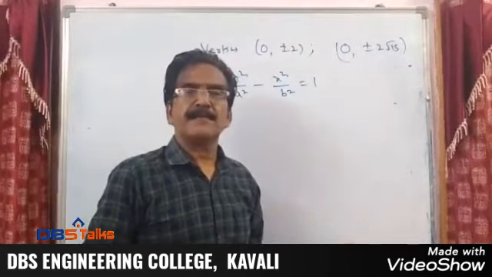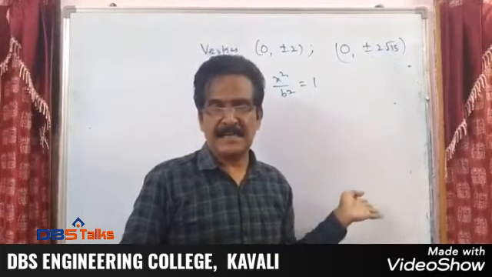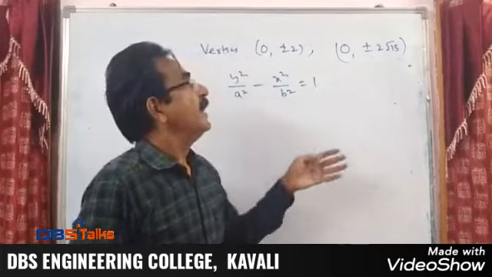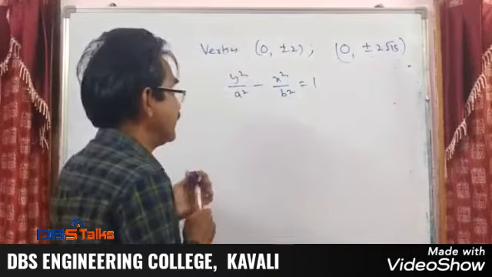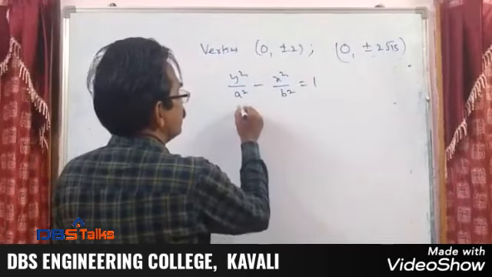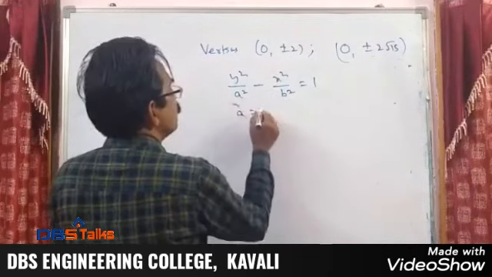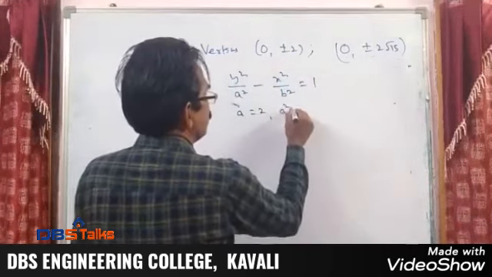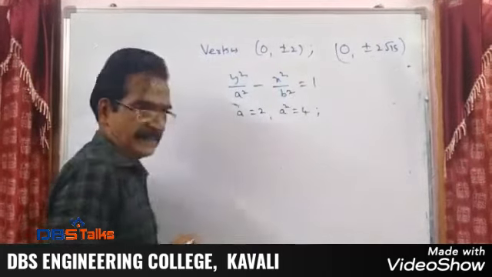So the vertices are (0, ±a) and foci are (0, ±c). So here this 2 is the a value, (0, ±a) is equal to (0, ±2) and a² is equal to 4.